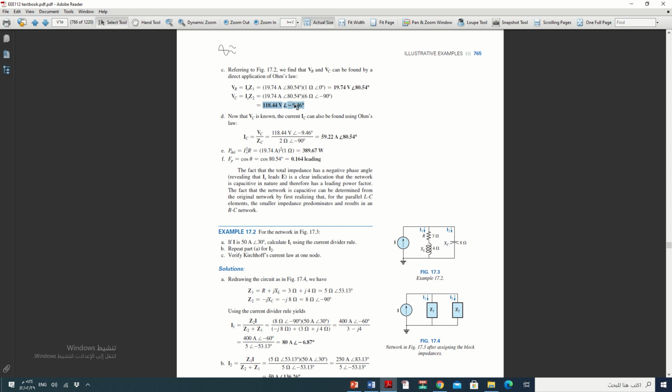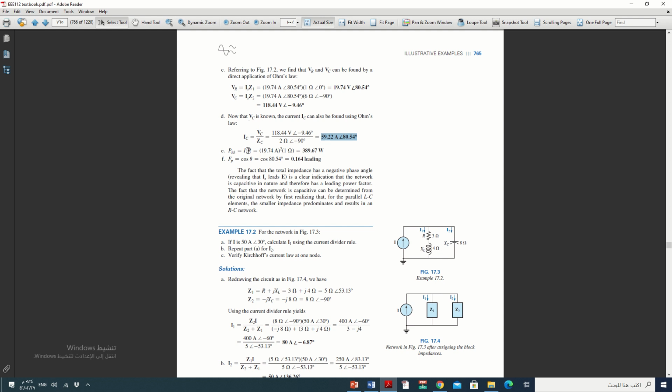Now, it is required to find IC. We have VC and we have ZC. Divide VC by ZC, you will get IC. Direct substitution. This is the final answer. To find the power delivered, you have many ways to calculate it.